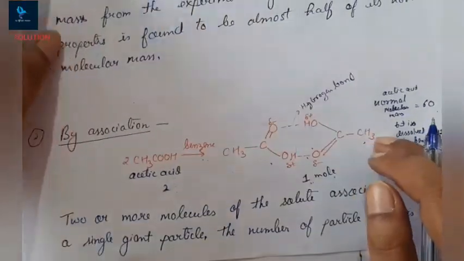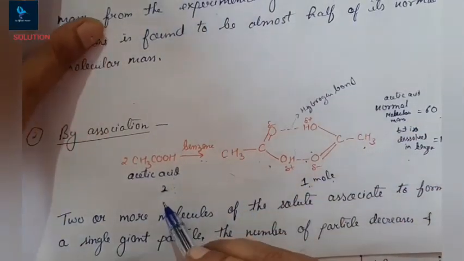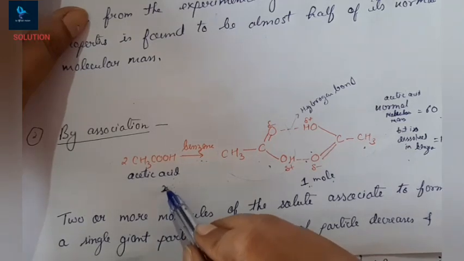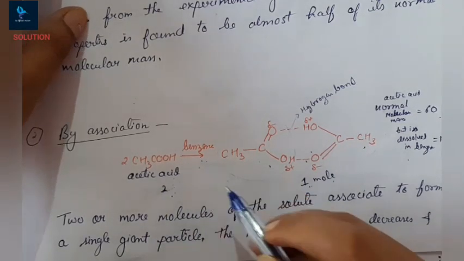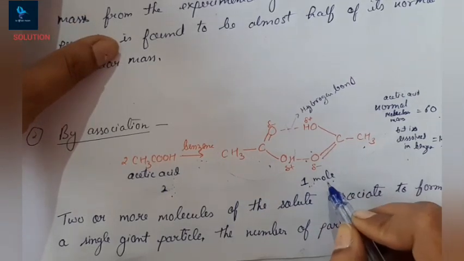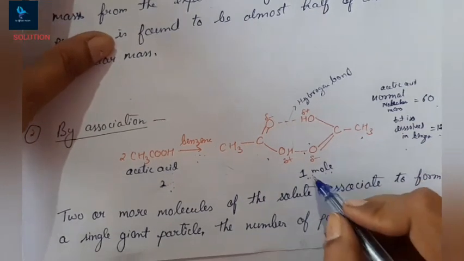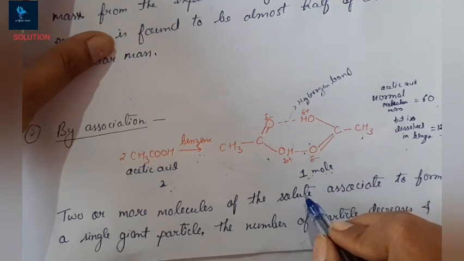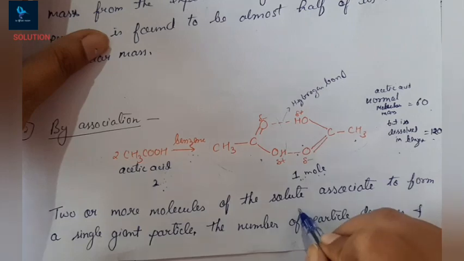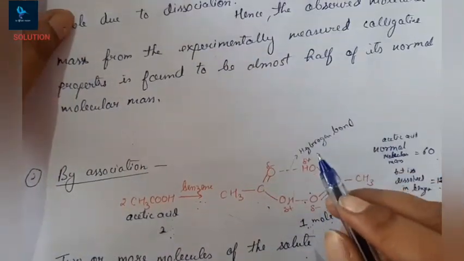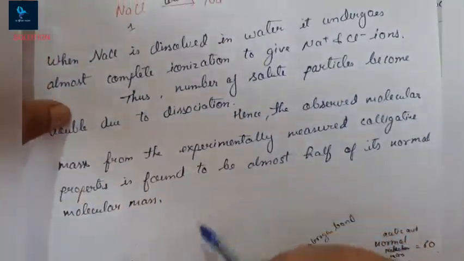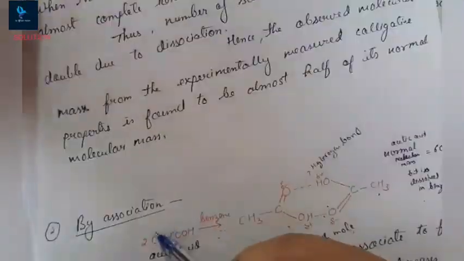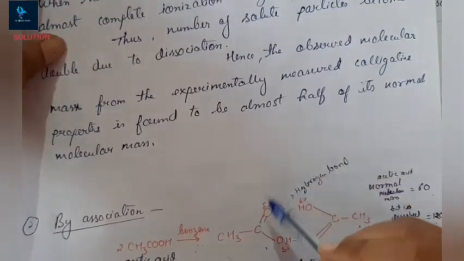So when we calculate the molecular mass of 2 moles of acetic acid, but when it dissolves in benzene it becomes 1 mole, we do not get an accurate molecular mass with the help of colligative properties. So there are two types of changes, dissociation or association, and this affects the colligative properties.